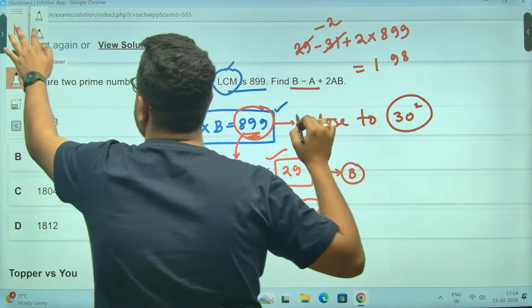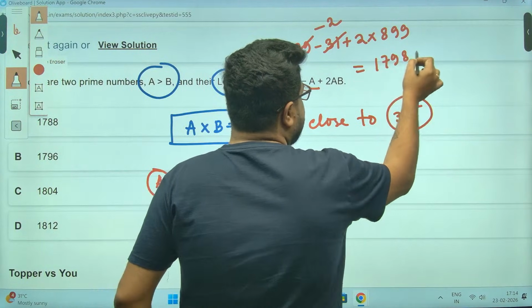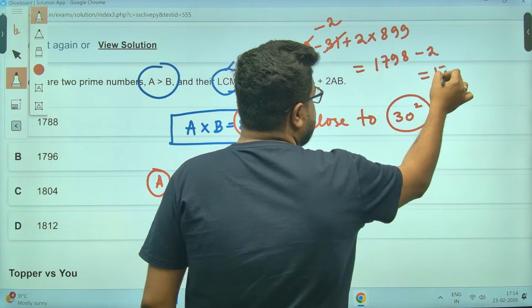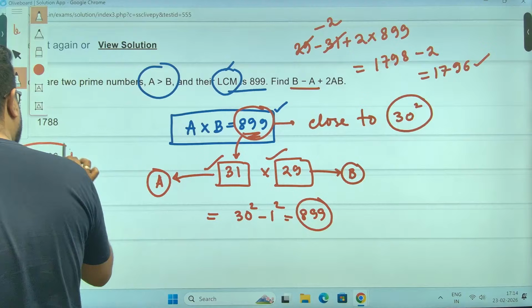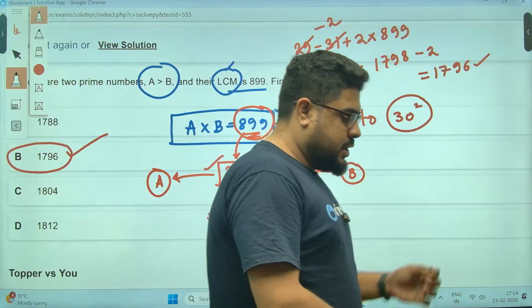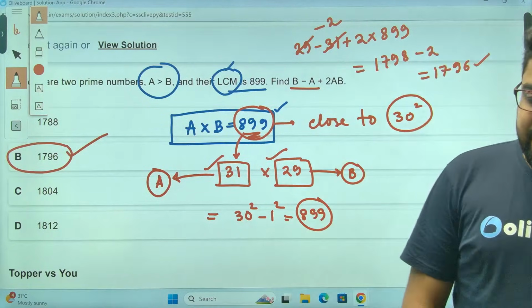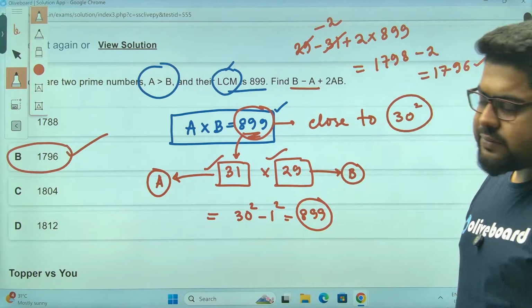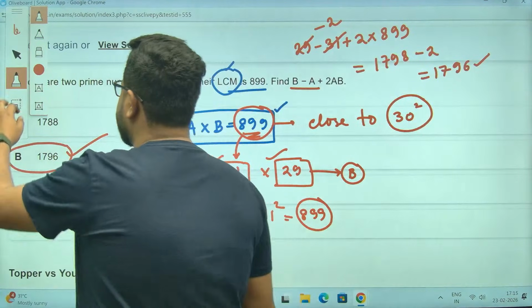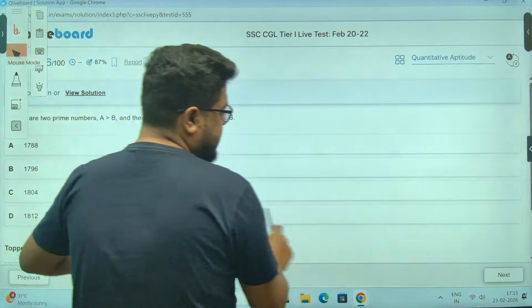Extremely sorry, sir. 1798 minus 2, 1796 is the answer, sir, which is there in option number B, 100%. You see, very, very simple. But again, you need to use a little bit of instinct, right?